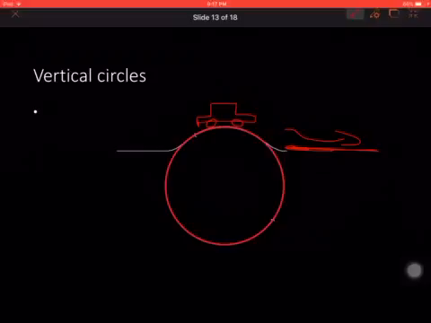So you're asked to find the normal force that this car has as it's passing through the top of this circle, or semicircular speed breaker.